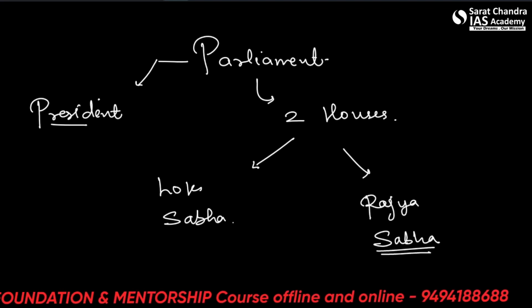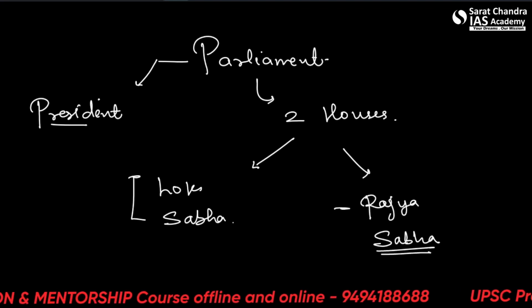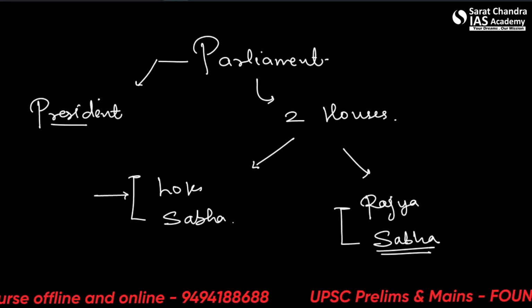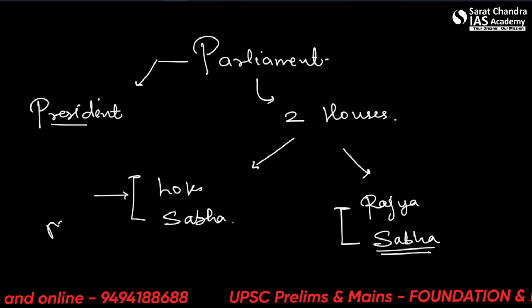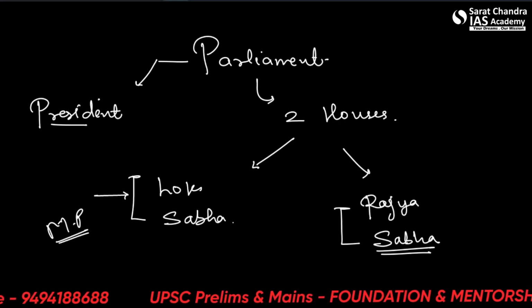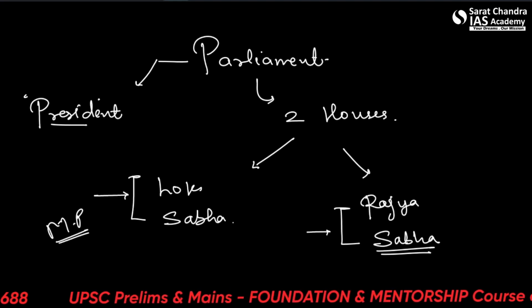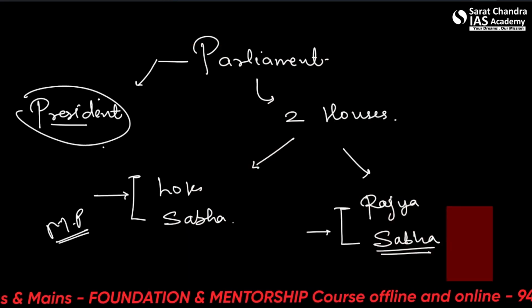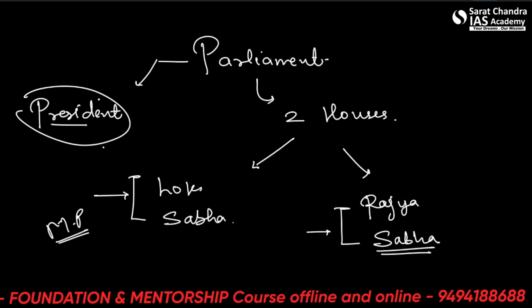When we see these two houses individually, we'll see their importance. In the Lok Sabha, MPs are directly elected; in the Rajya Sabha, they are indirectly elected. And we'll see about the president a bit. So moving on to the president from here.